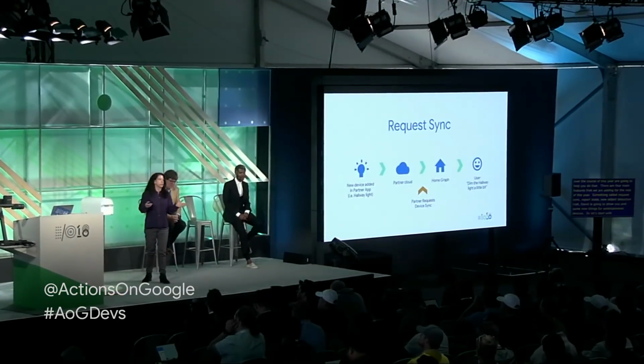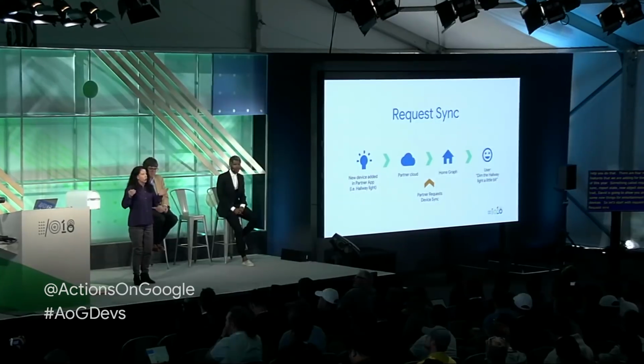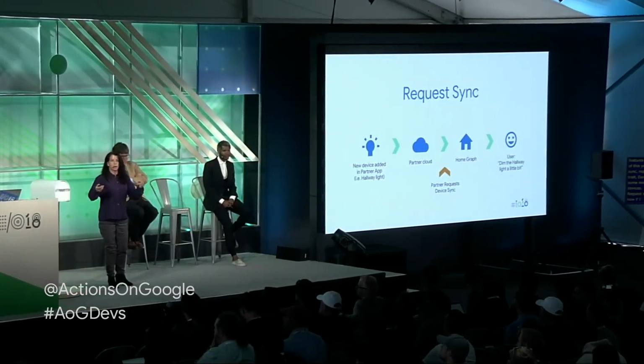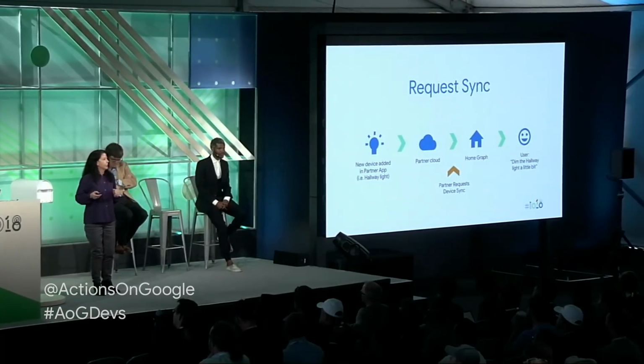Request sync is really very simple. Right now, if I go to the store and I go buy another half dozen smart lights to put in my home, I have to add those devices, and the fact that I've added those devices doesn't necessarily get synced up onto the partner app very quickly.